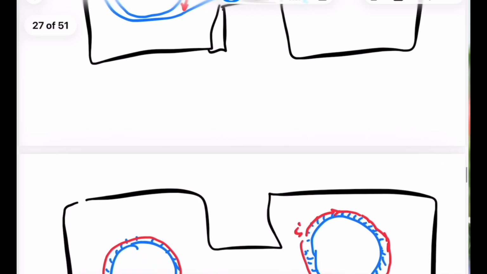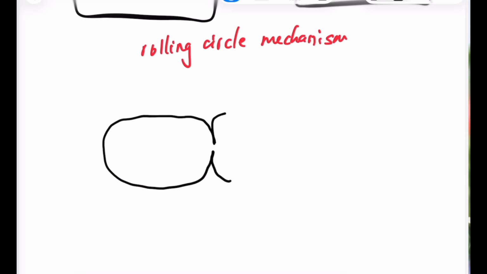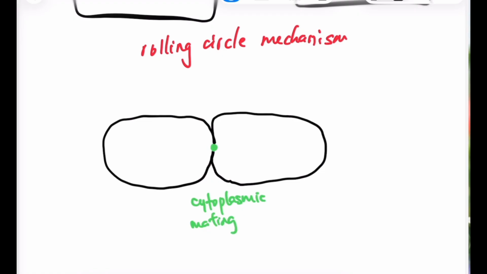If you look at when they draw pictures, it's actually one cell here and then one cell next to each other like that. Yeah. So this part here is the cytoplasmic or the mating bridge.